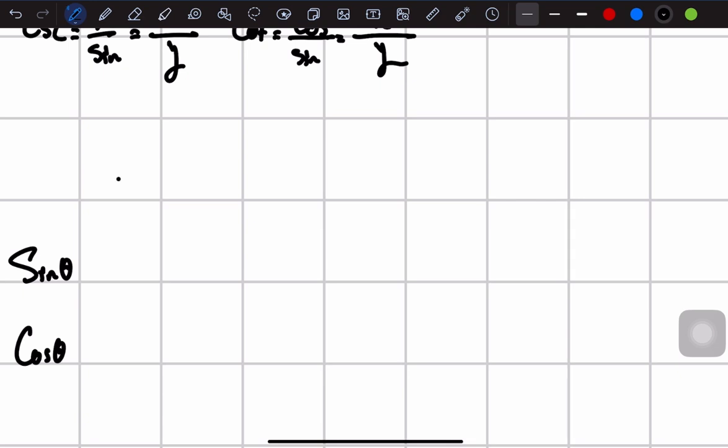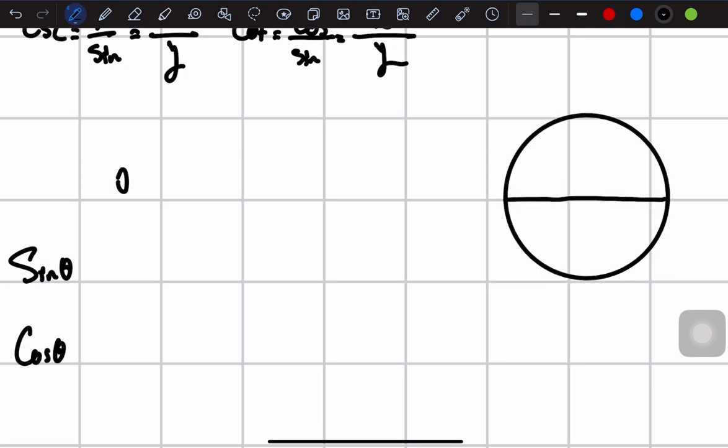So now, what is the sine of 0? I showed you guys before, but let's draw another circle here. We said that the sine is the y-axis and cosine is the x-axis. Here, this is our point 0. What is the sine here?